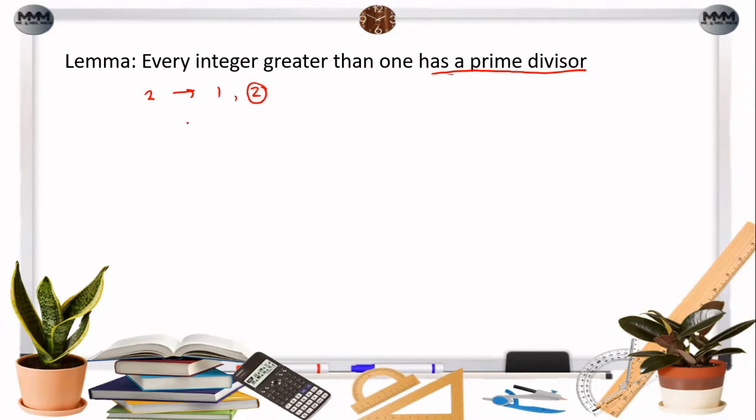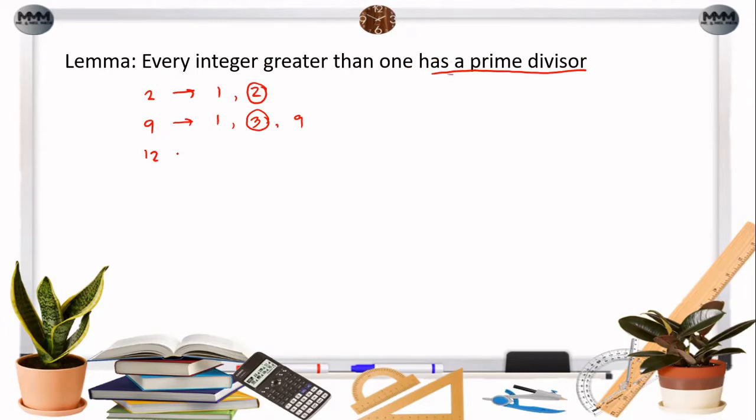Now let's have, say, number 9. For number 9, we know that the divisors of 9 are 1, 3, and 9. So again, we have here 3 as our prime factor or divisor.